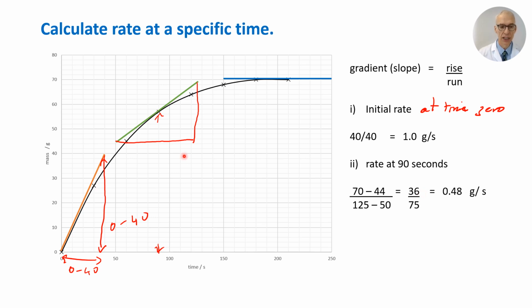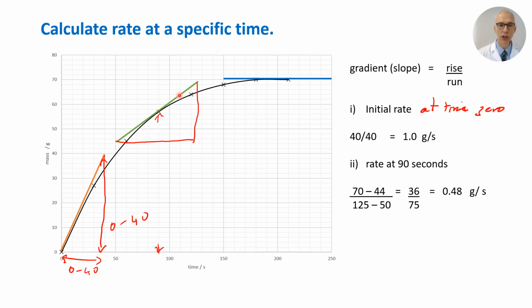The run, 50 seconds and 125 seconds. So 125 minus 50 is 75. So the difference between these two numbers and the difference between these two numbers is the rise over the run.